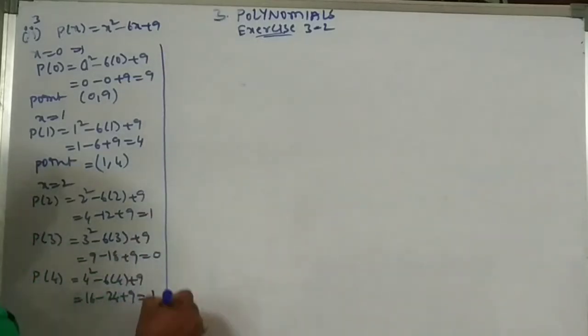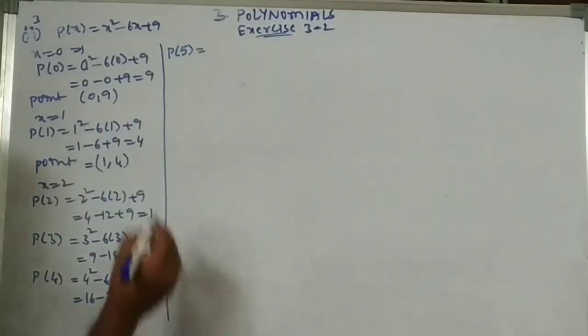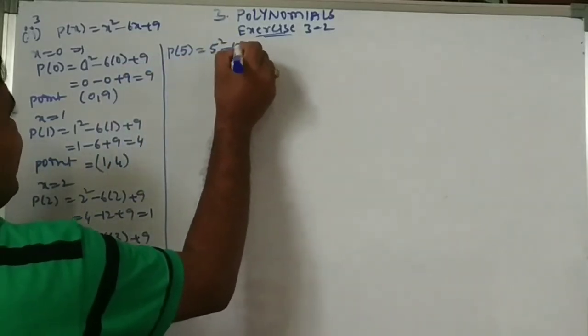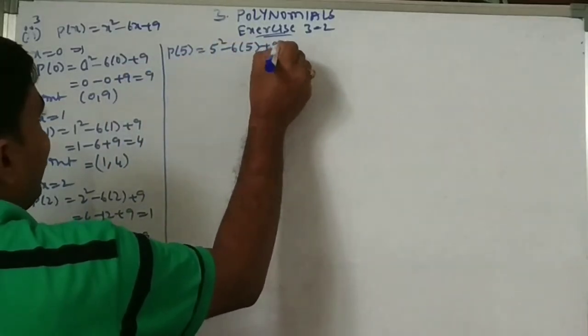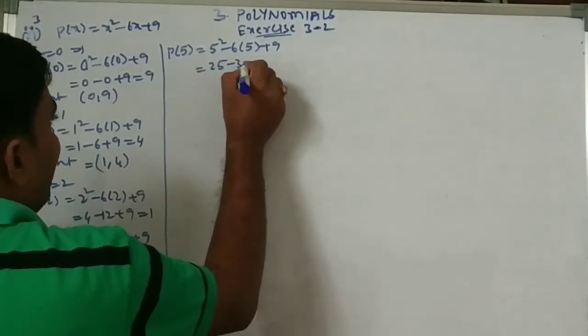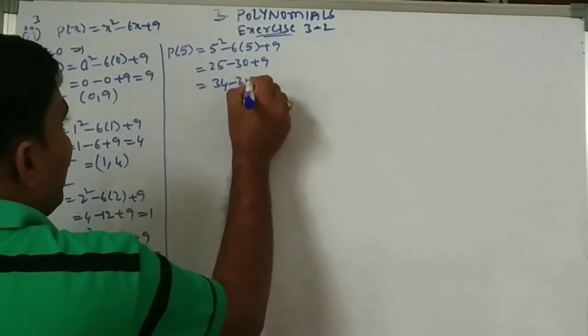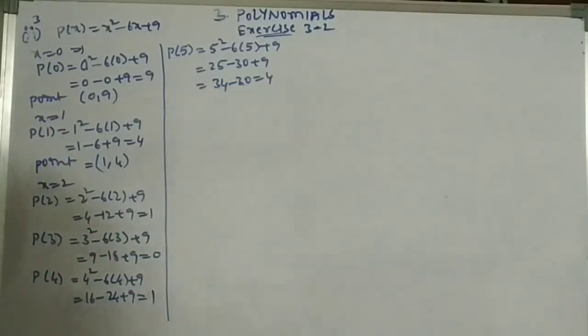Now P of 5 equal to 5 square minus 6 into 5 plus 9. 5 square equal to 25, 6 into 5 is 30, 25 plus 9 is 34, 34 minus 30 equal to 4.